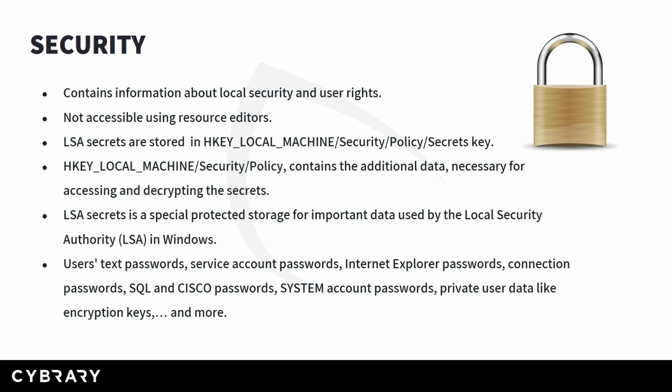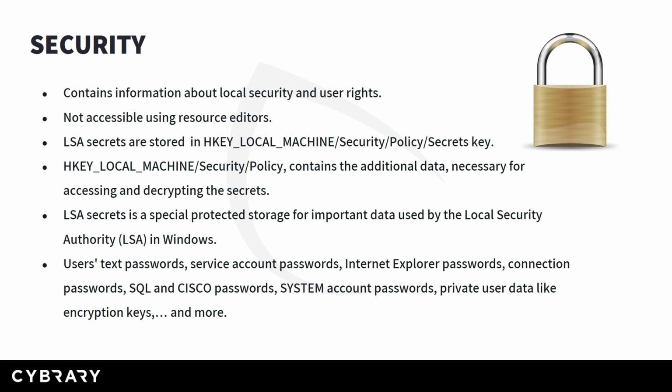Local security authority secrets are stored in an encrypted form in the Windows registry, in the HKey local machine security policy secrets key. The parent key, HKey local machine security policy, contains the additional data necessary for accessing and decrypting the secrets. LSA secrets is a special protected storage for important data used by the local security authority in Windows.